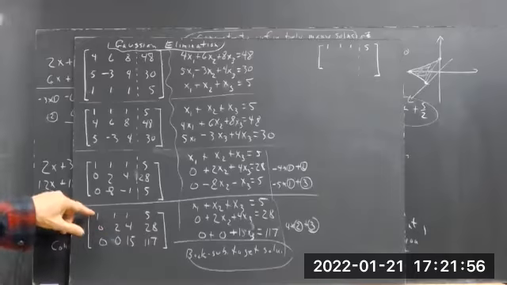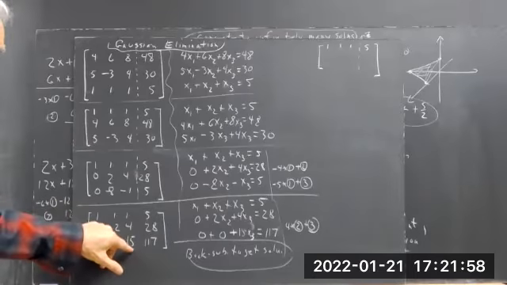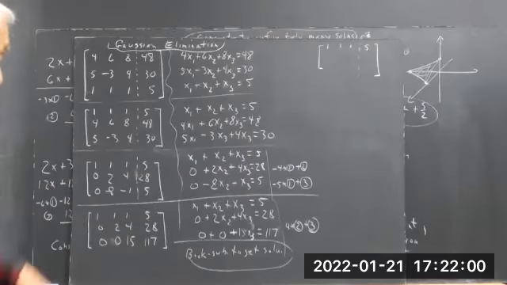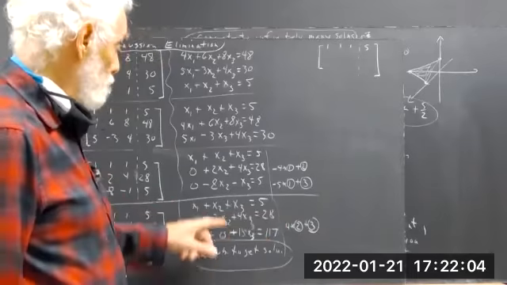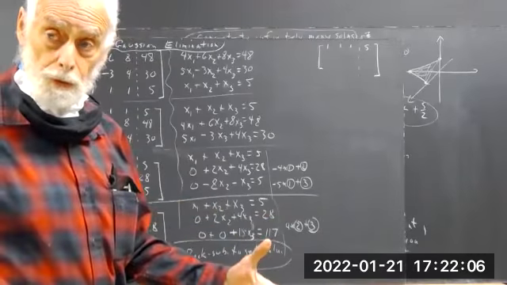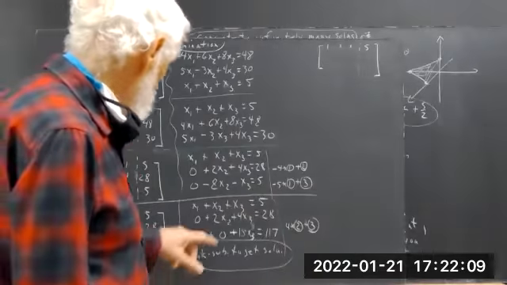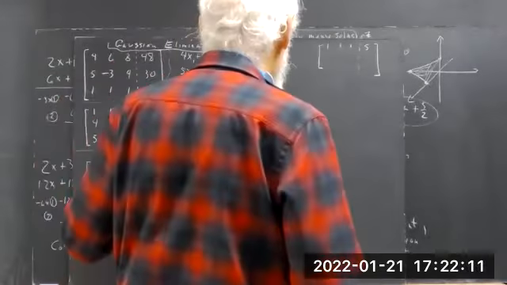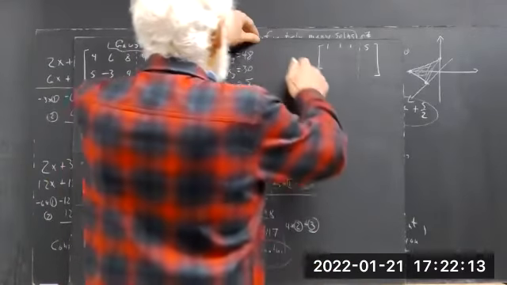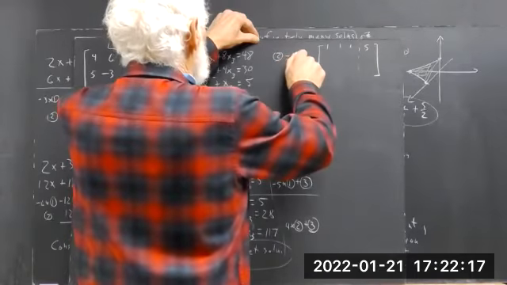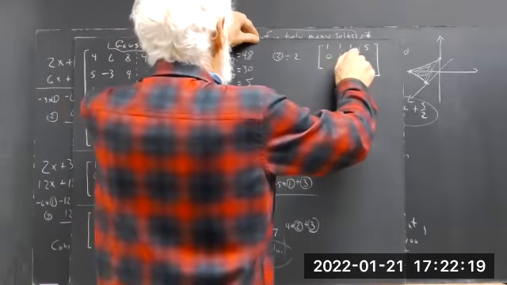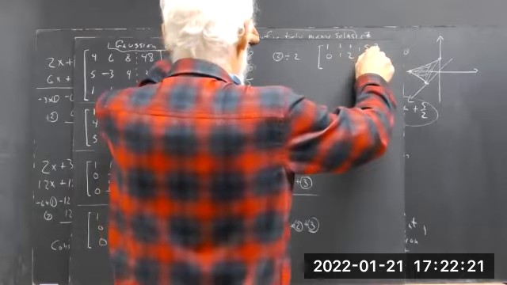Anyhow, I want a 1 here, I want 1 here, I want 1 here. I can get that easily. You could take this equation and divide it by 2, it wouldn't change its solutions. Okay, so I'm going to take this row and divide it by 2. So I'm going to say the second row divided by 2 is 0, 1, 2, 14.